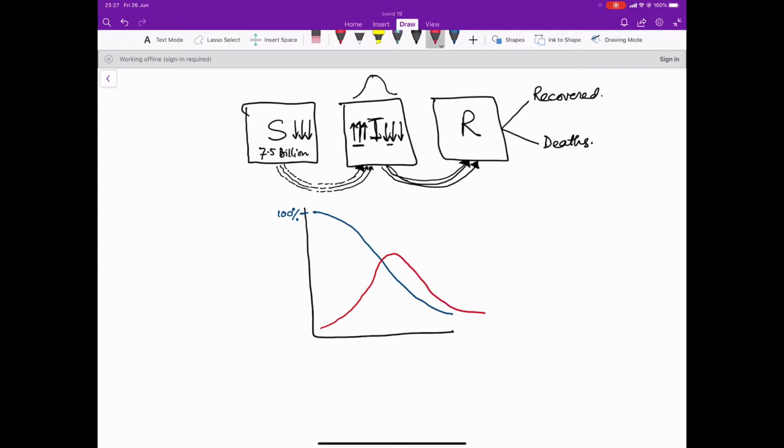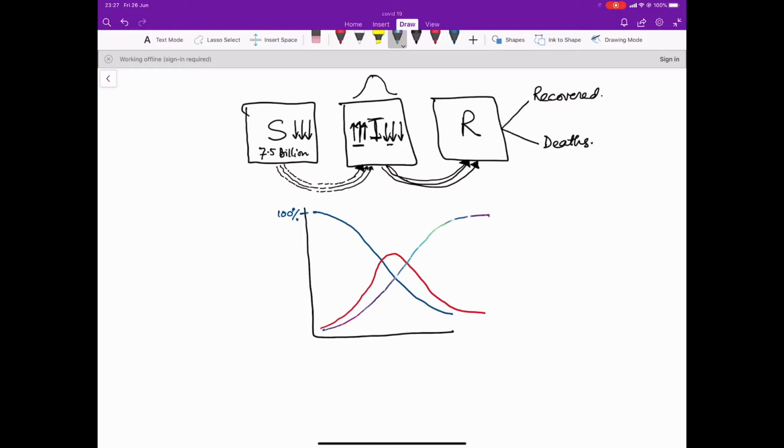Similarly, as far as the recovered people are concerned, to begin with, nobody is recovered because nobody is infected, everybody is susceptible, but as people start getting infected, after some time they will start getting recovered. So if we draw this recovered line, after some time you would see that people start getting recovered, and over a period of time recoveries increase.